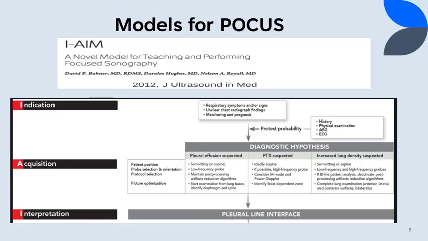So acquisition, you need to look at the patient's position, probe selection and orientation, and then the appropriately selected protocol for this patient. And then the I is for interpretation. So you interpret according to the protocol that is being provided.